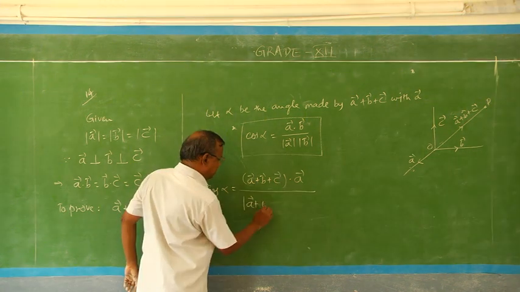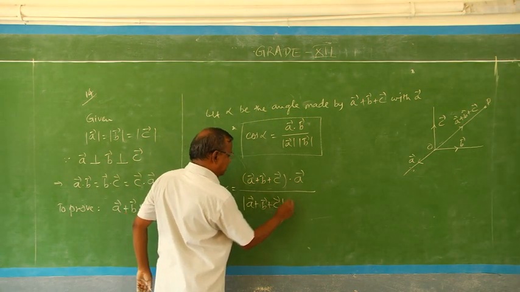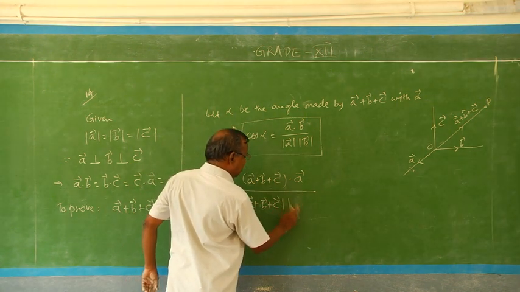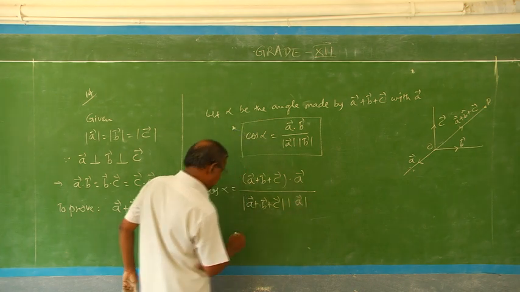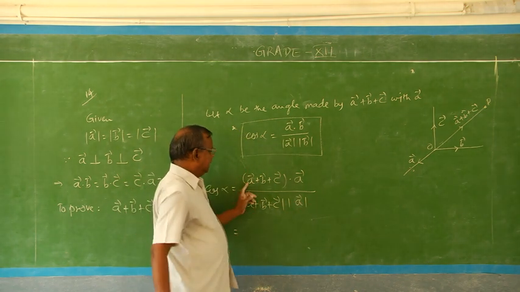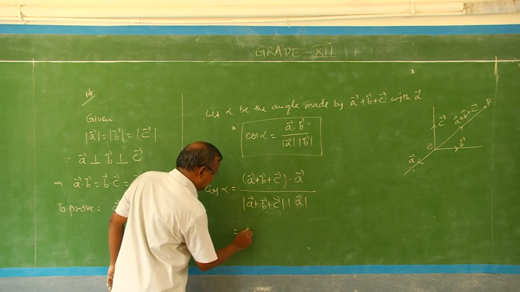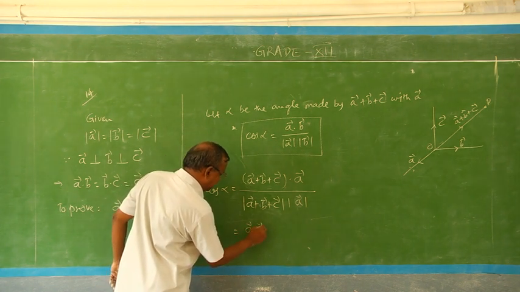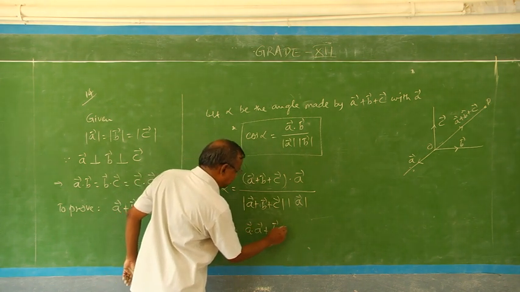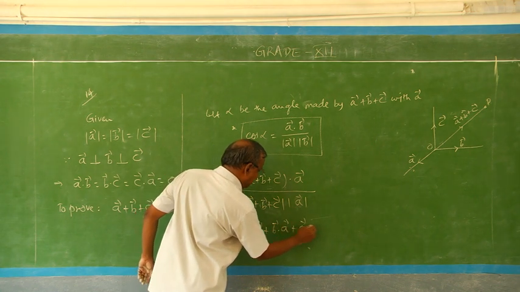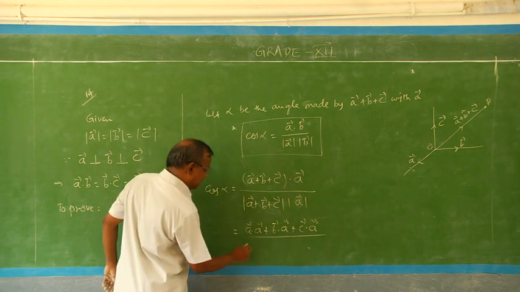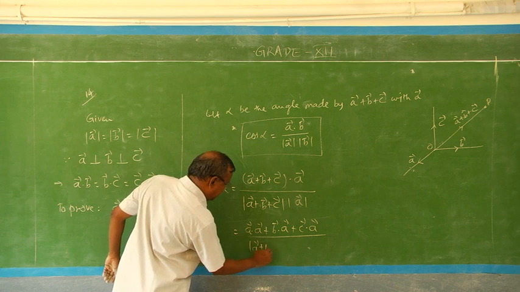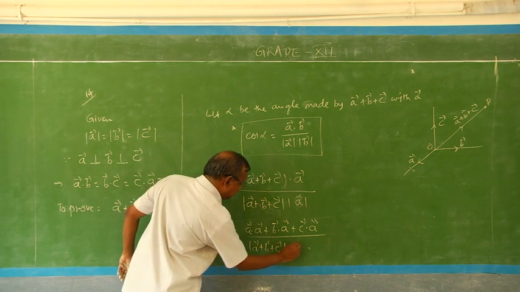Now take the dot product: a dot a plus b dot a plus c dot a, divided by modulus of a + b + c into modulus of a.